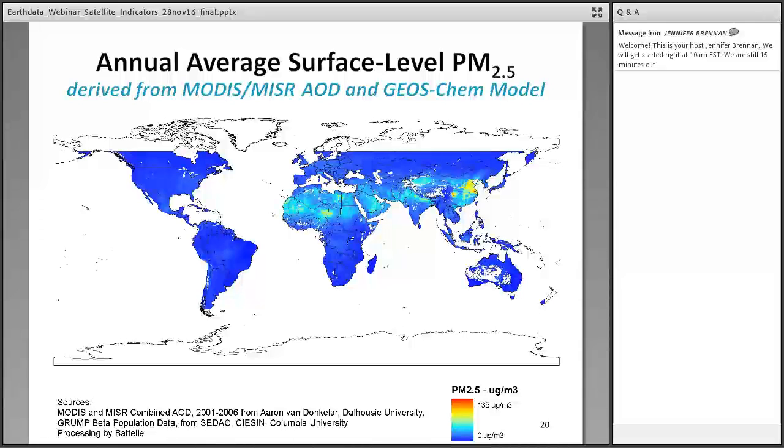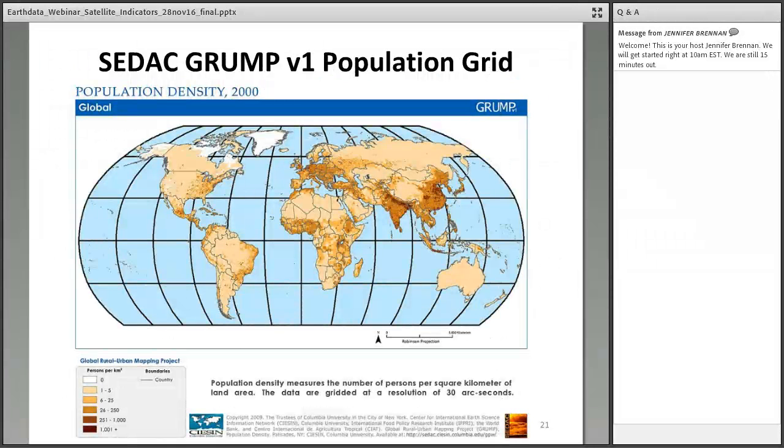You'll see this line across roughly 60 degrees north, which represents the limits of a retrieval on aerosol optical depth data from MODIS and MISR. It's run through the GEOS-Chem model by a group at Dalhousie University. And they've been refining this, and I'll describe some later products that they produce later in my presentation.